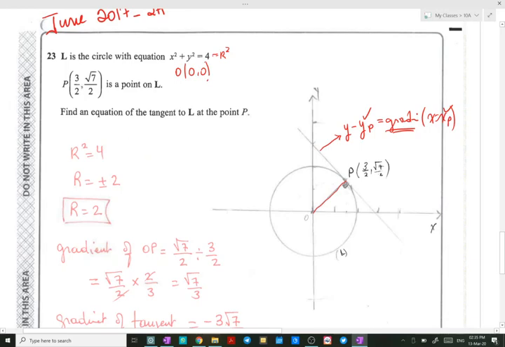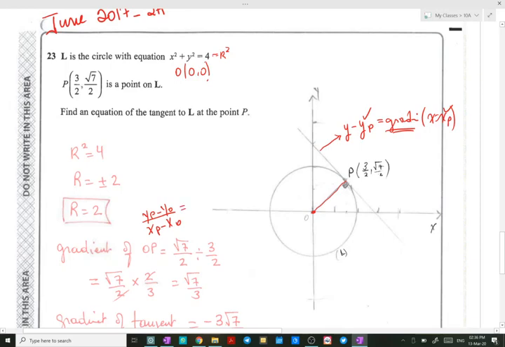We take the positive 2 because r is a length. Now the gradient of OP is equal to y of P minus y of O over x of P minus x of O. O means the origin, which is the second extremity of the radius.